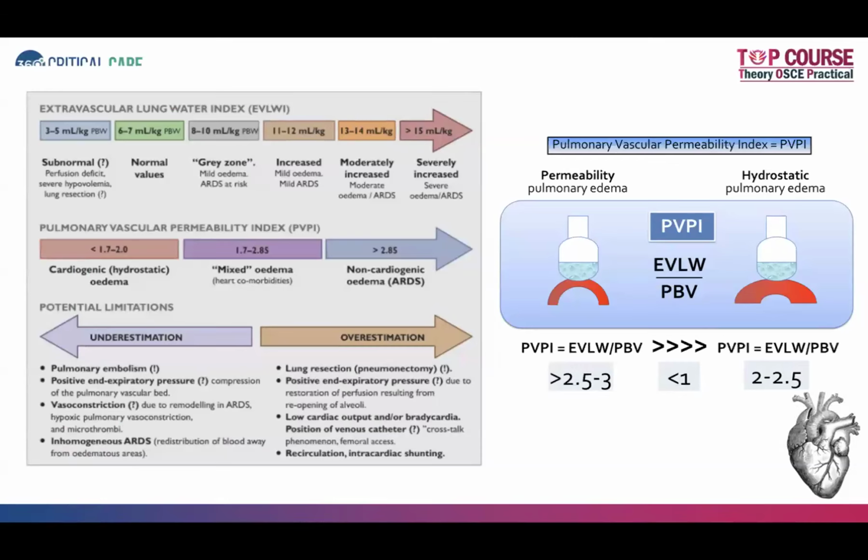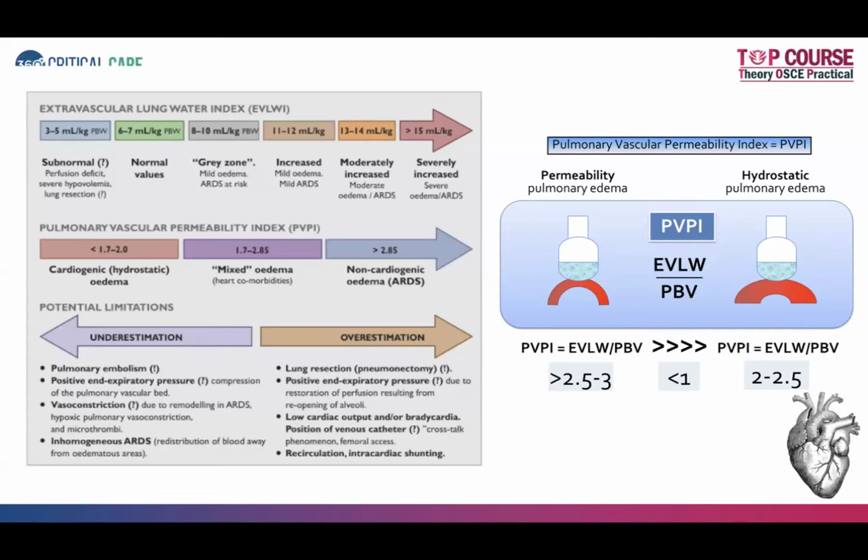If the patient has a higher extravascular lung water index, like 8 to 10 ml per kg, then there could be mild edema. If the patient has 11 to 12 ml per kg, then there could be gradually increasing edema. As the value increases, we believe that the pulmonary edema is severe.